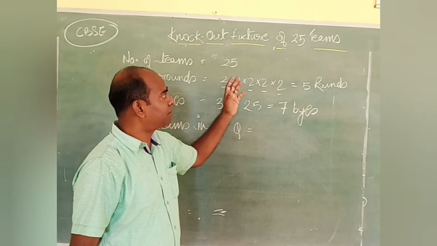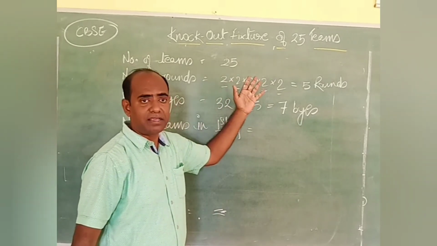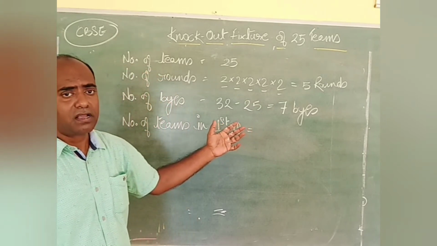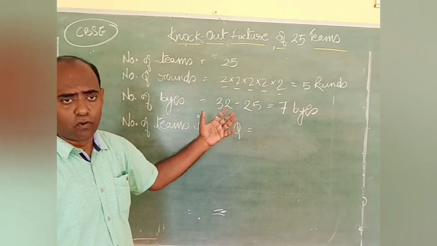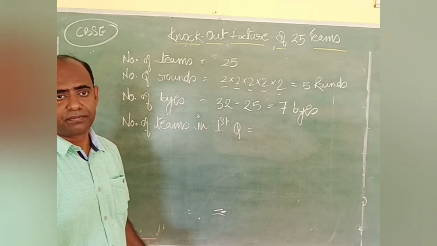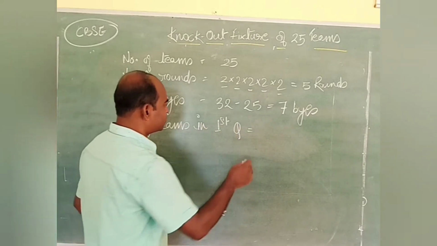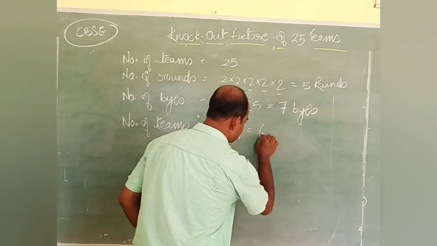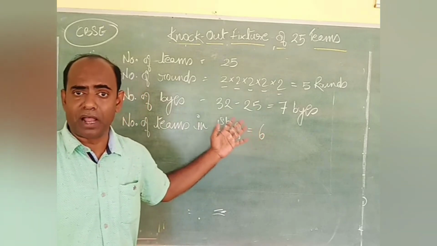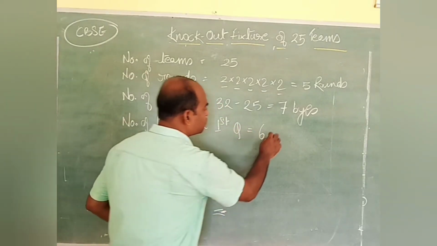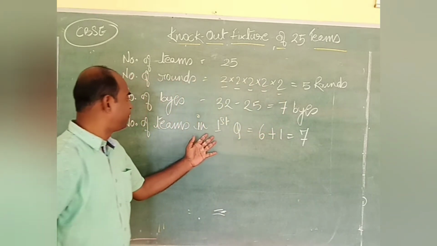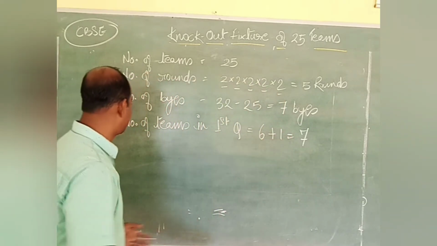If we divide them by 4, there are 6 teams in the first, second, third and fourth quarters, 6 teams each, plus 1 extra team as remainder. As we said, in case 1 remainder is there, that team will be added to the first quarter. 6 plus 1 is equal to 7 teams. Number of teams in first quarter is 7.